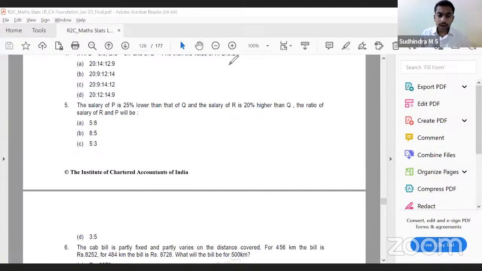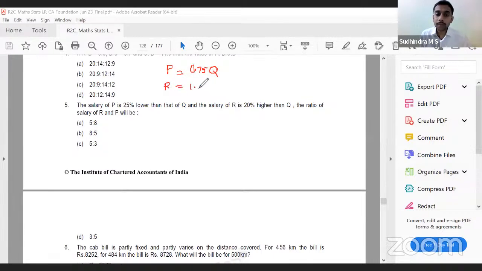Salary of P is 25% lower than that of Q. So I can say P is 0.75 Q, 25% lesser than Q. Salary of R is 20% higher.